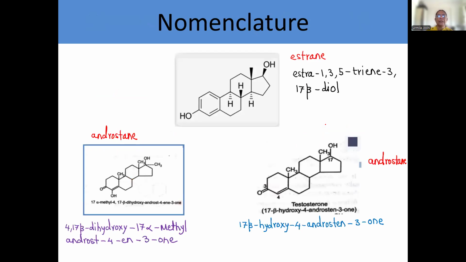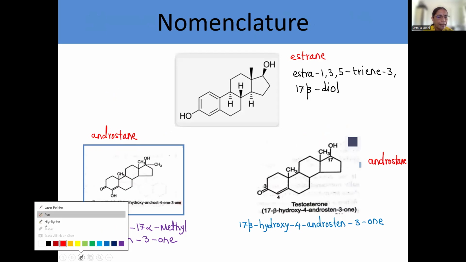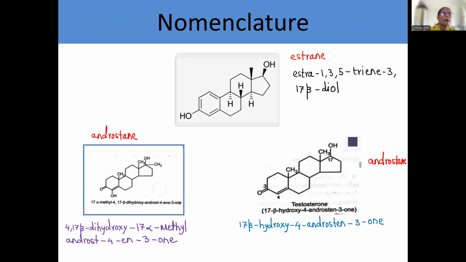Now coming to nomenclature. In nomenclature, the first step is to find out the number of carbons. And depending upon that, remember the nucleus. Now this is a C18 ring.